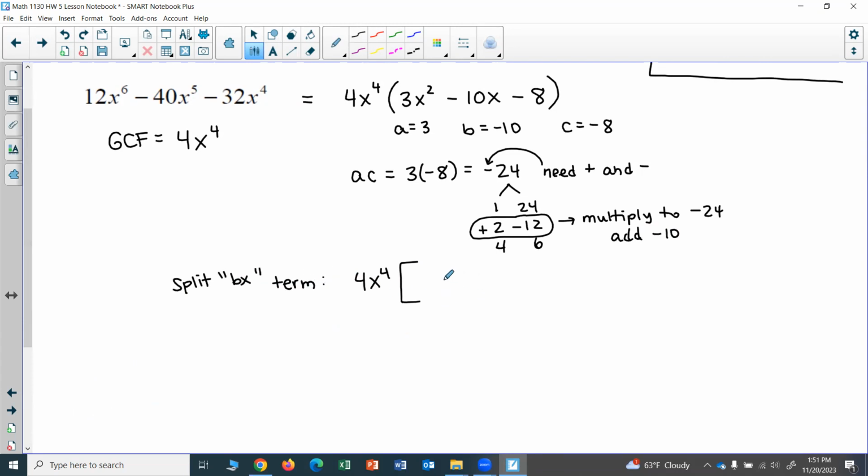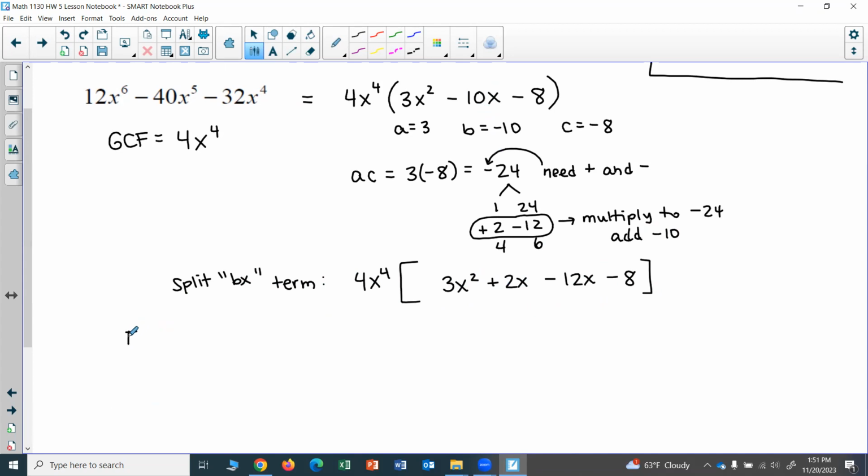So I'll have 3x squared plus 2x minus 12x minus 8. So I haven't factored yet. I've just split the negative 10x into plus 2x and minus 12x.